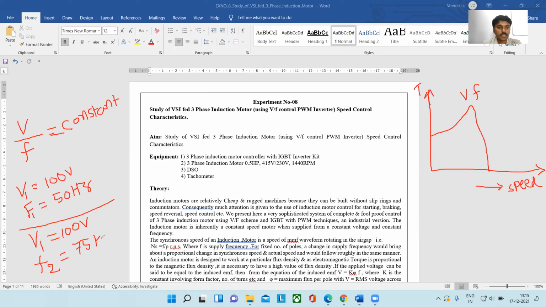Here voltage does not change, only frequency changes.